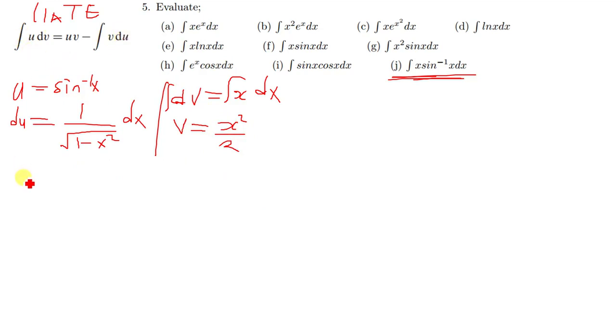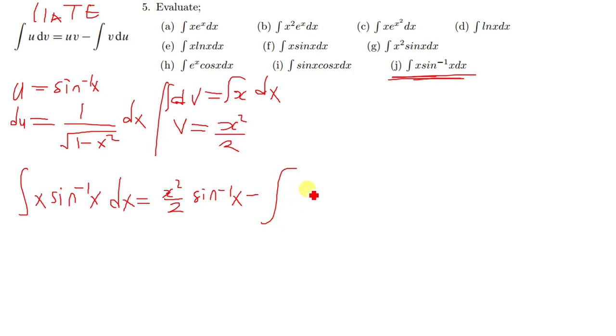So the integral of x sine inverse of x with respect to x will now just be equal to uv. My u is just sine inverse of x, and my v is x squared over 2. So I'm going to have x squared over 2 times sine inverse of x, then minus the integral of v, which is x squared.